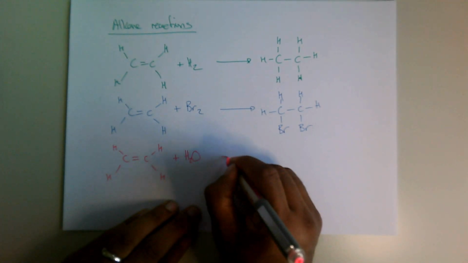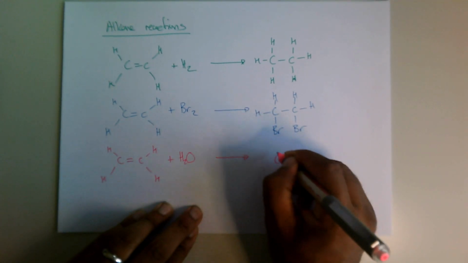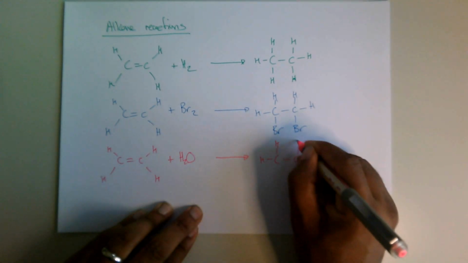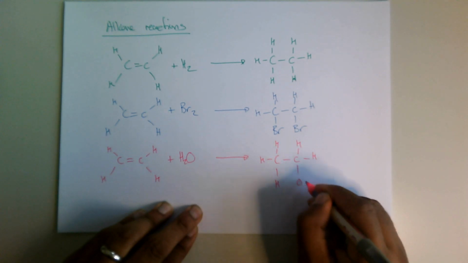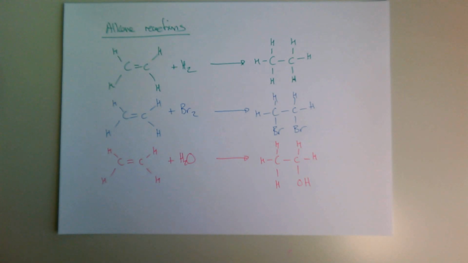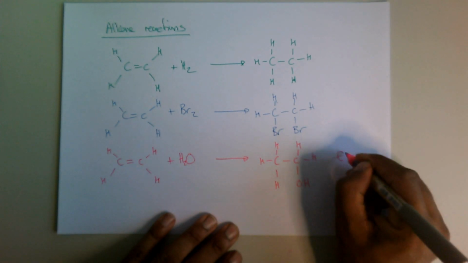What happens is the carbon-carbon double bond breaks again, the hydrogens shift like the others, but here you get a hydrogen and an OH splitting up, so you end up making ethanol.